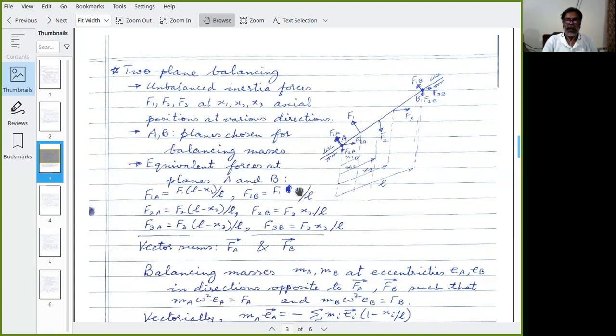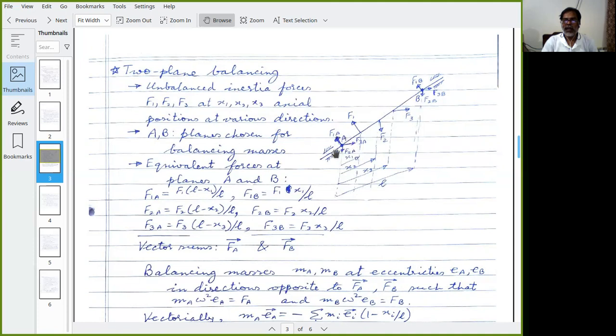Similarly, you can break apart each force F2, F3 into their parts in plane A and plane B. Then F1, F2, F3 unbalanced forces will be replaced by a number of unbalanced forces here and another complementary set here.